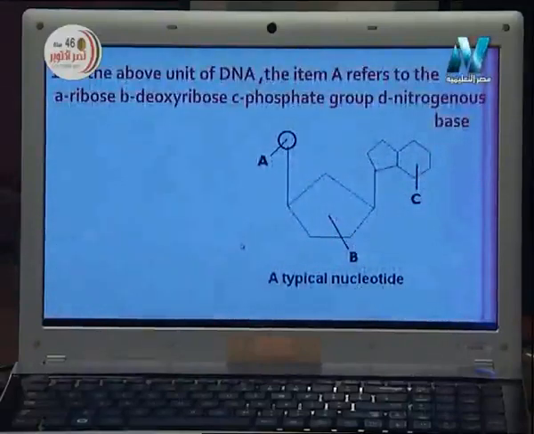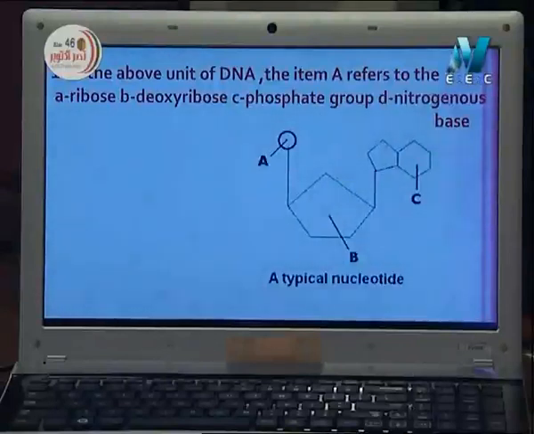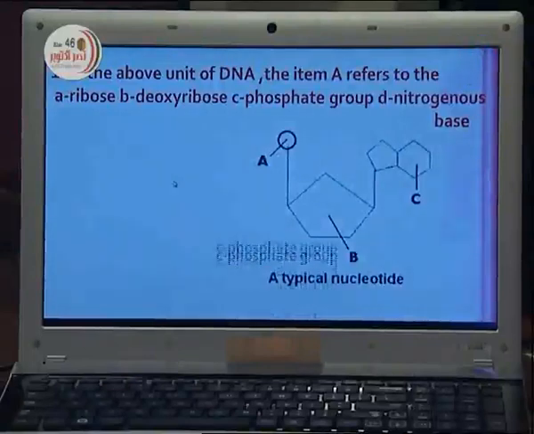First question: in the above unit of DNA, does item A refer to ribose, deoxyribose, phosphate group, or nitrogenous base? A here will of course be the phosphate group.